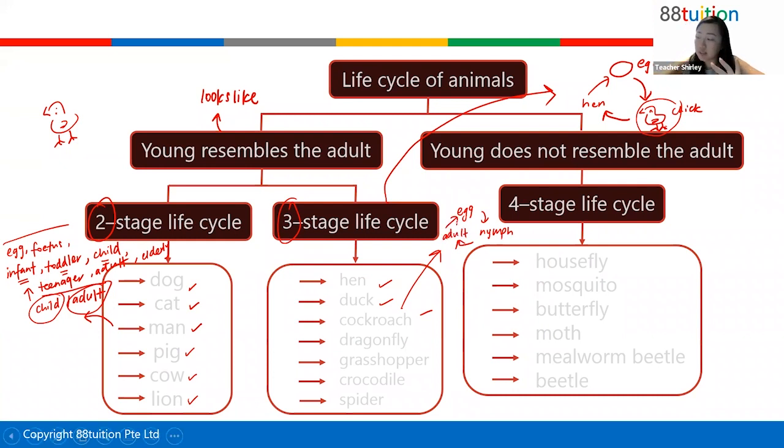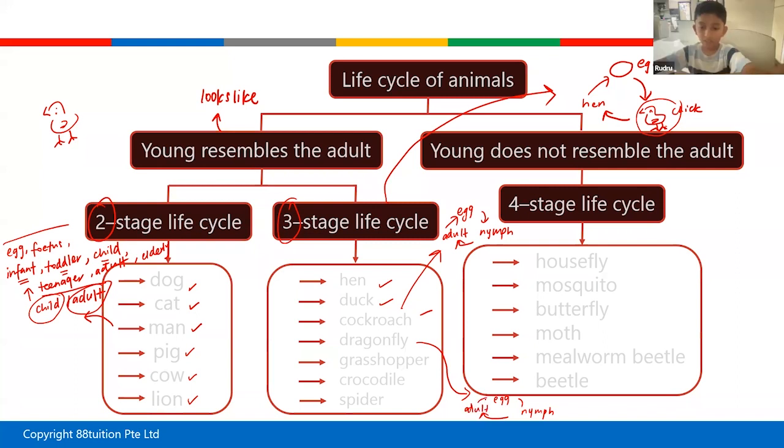So it's generally a 3-stage life cycle, same as dragonfly. Dragonfly also the same. So it has your egg, your dragonfly nymphs, and then your adult dragonfly. Okay, let me show you a dragonfly nymph.